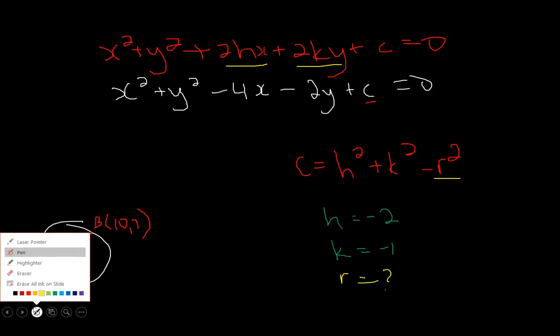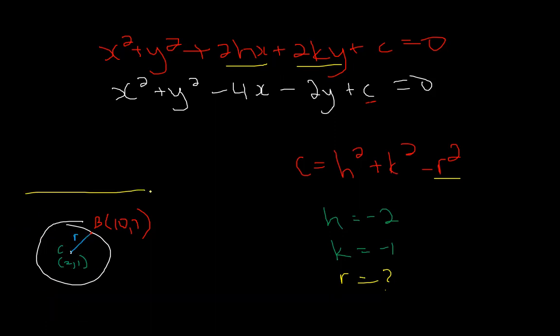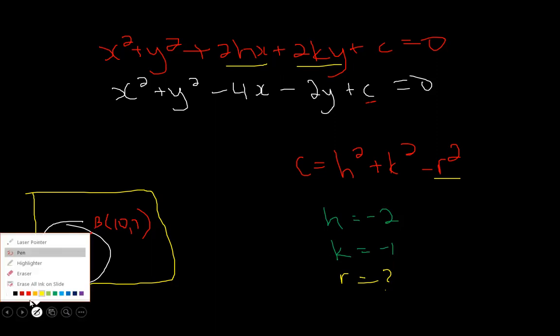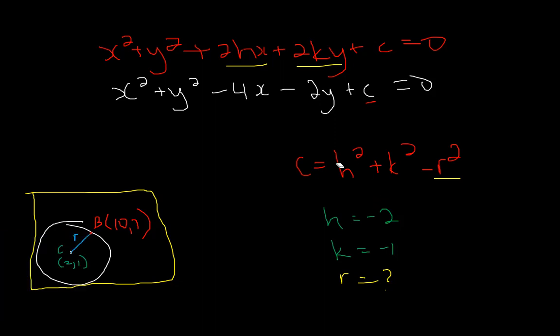But looking at my diagram here, that's why it's good to draw a diagram so you can see what's going on. This is r, this blue line here. They did not give me the length of r, but I have 2 points, C and B. There's a formula that we did at the beginning of the class that will help me calculate the distance between 2 points, aka the length of the line, which in this case is r.